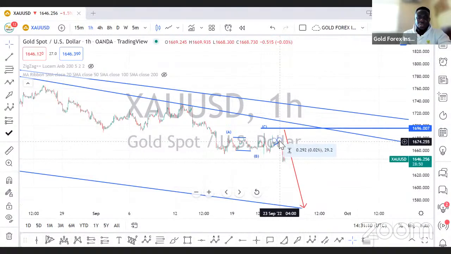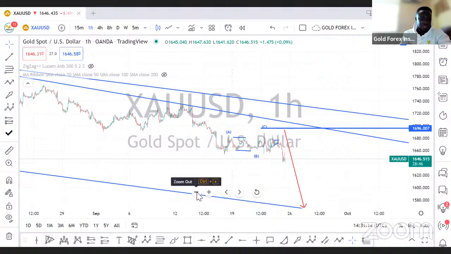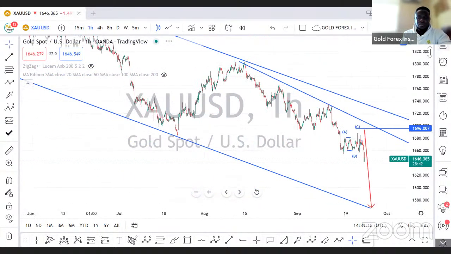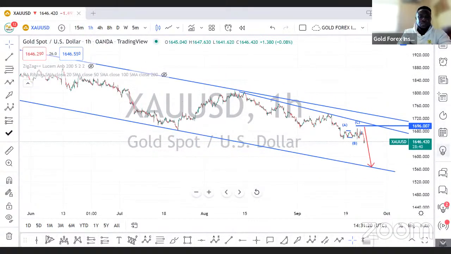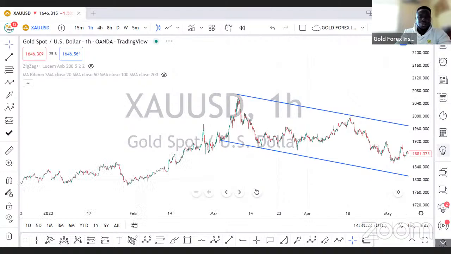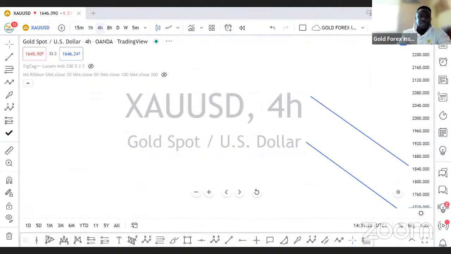So we had a very good entry around this point. So it's going down. Our first entry was when we had the cup and handle pattern.